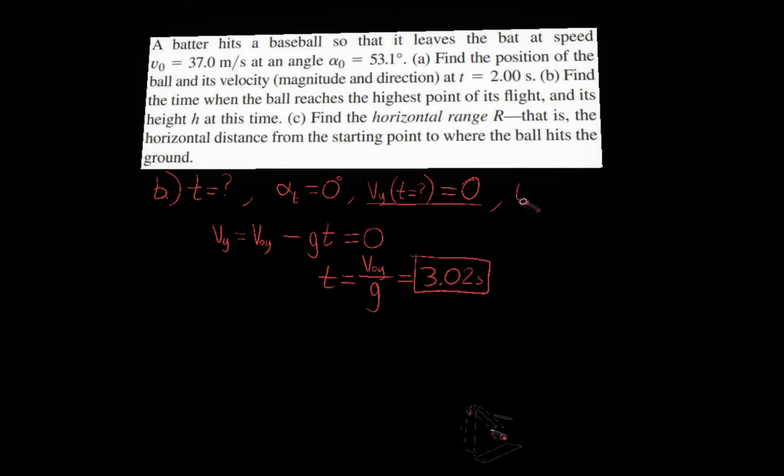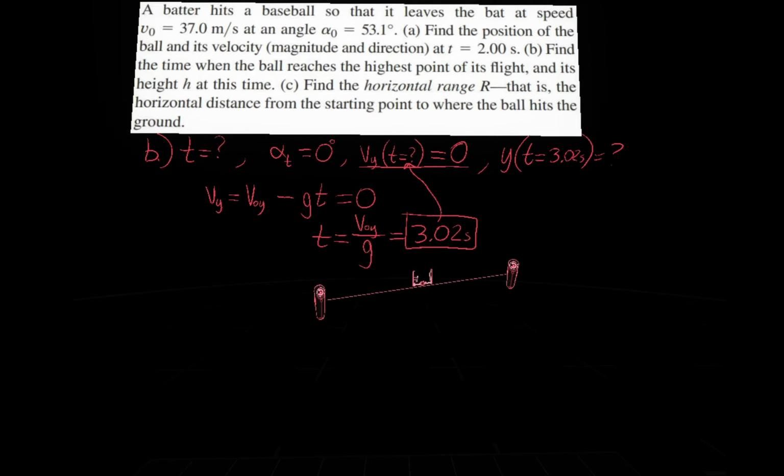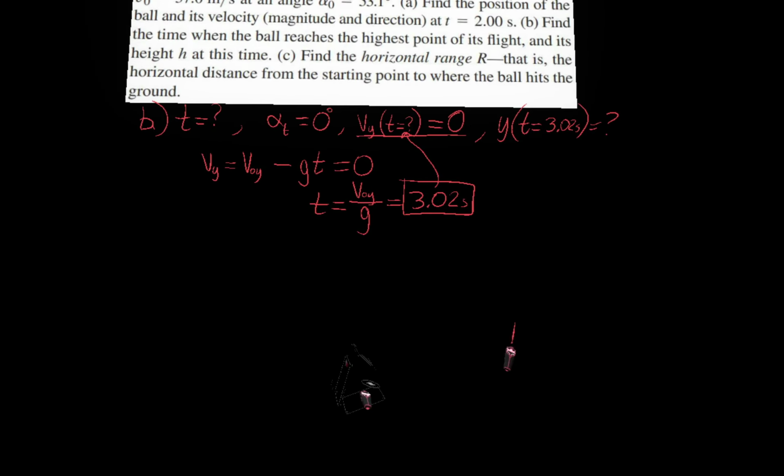So the value of y at the time t equals what we just found, 3.02 seconds, is equal to what? Right, and now we know this is that, but that no longer serves us anymore. So y, when time is 3.02 seconds.